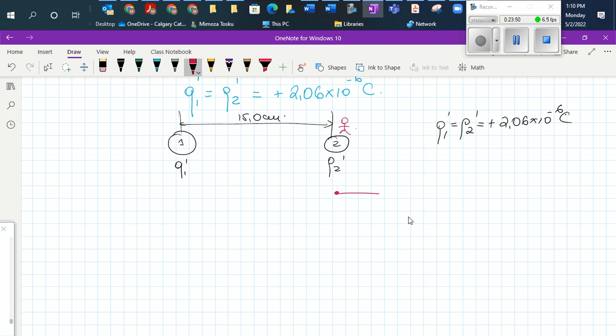So the free body diagram of the electrostatic force will be something like this: charge 2 experiencing a force as a result of charge 1, and the magnitude is calculated as K Q1 prime Q2 prime, which are equal to each other, over R squared, or 8.99 times 10 to the power of 9 times 2.06 times 10 to the power of negative 6, the whole thing squared, over 15 times 10 to the power of negative 2, the whole thing squared. And whatever the calculator gives you, you will state as the force.